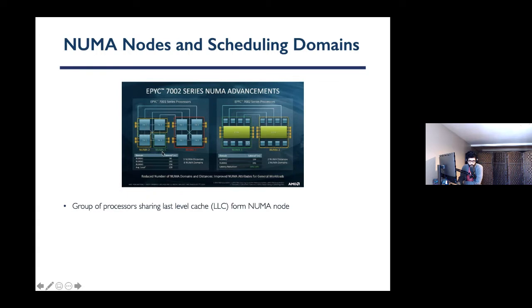NUMA is the non-uniform memory access we saw. All of the CPUs here have uniform access to their local memory. But if they want to access any of these memories, they have to go one hop away. So all of these groups become NUMA 2 with regard to a CPU here. And then all of these become NUMA 3 because they're 2 hops away.